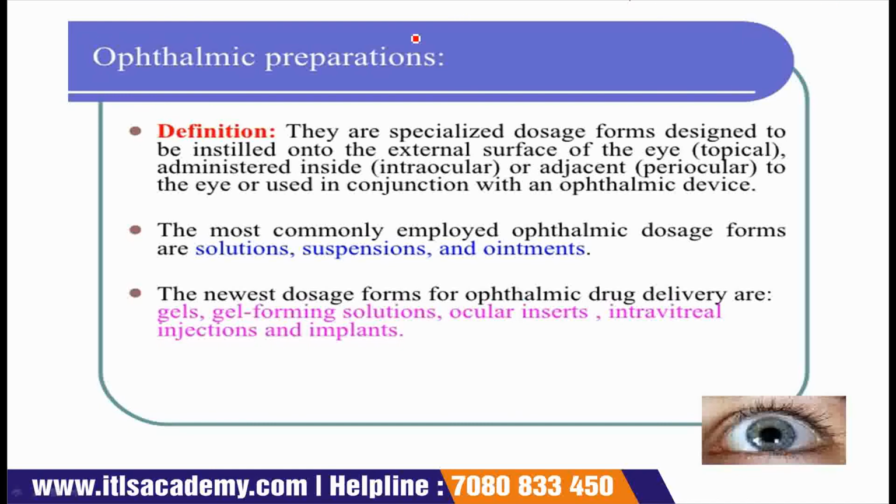Ophthalmic preparations. We are going to see ophthalmic preparations as sterile pharmaceutical product. Definition for ophthalmic preparations is they are specialized doses. As ophthalmic, as the name indicates, they are related with eye.